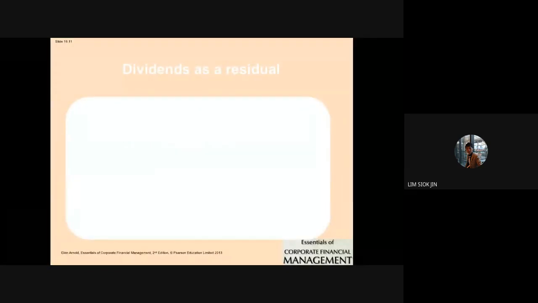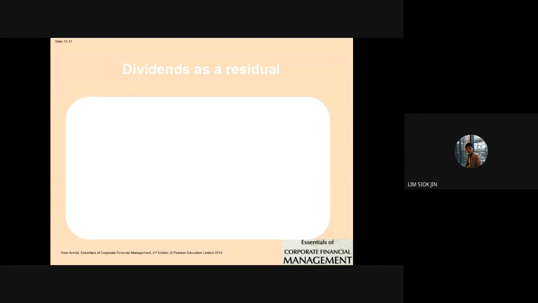Okay, so maybe you do not understand what is the meaning of dividend as residual. Dividend is the earning of the company, right? The balance after you minus every expense and every tax. The final amount should be the dividend.